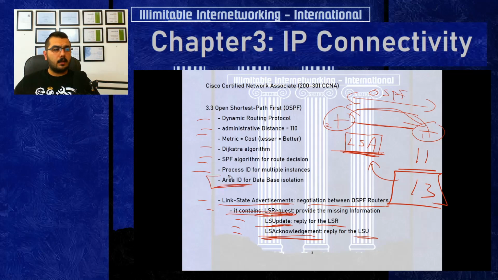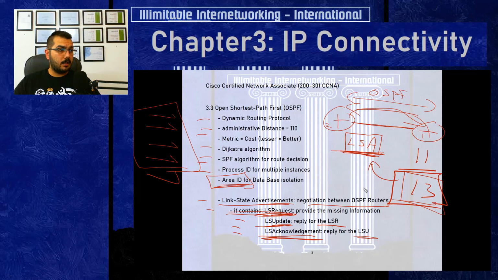There are area types such as stub, totally stubby, not-so-stubby, and totally not-so-stubby. There are 4 types of areas besides the normal area, which I have not applied anything to. So 5 total types of areas and 13 types of LSAs, link state advertisements.